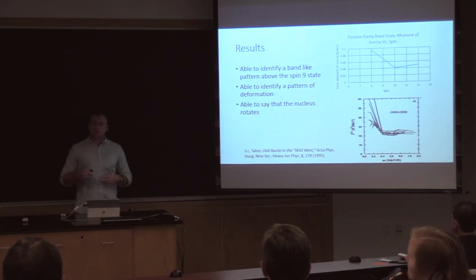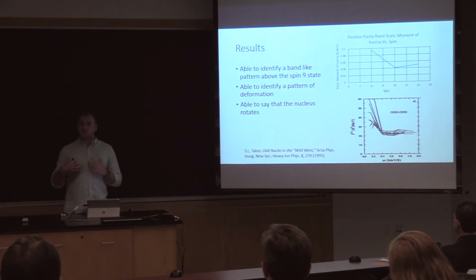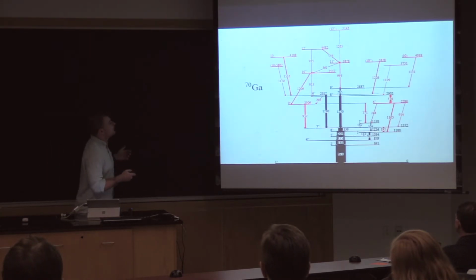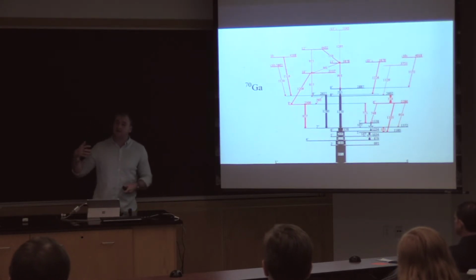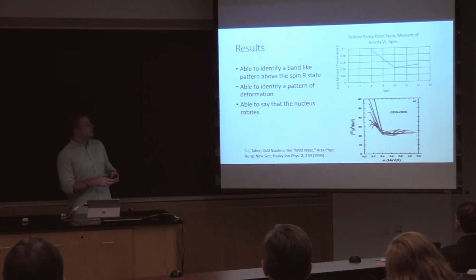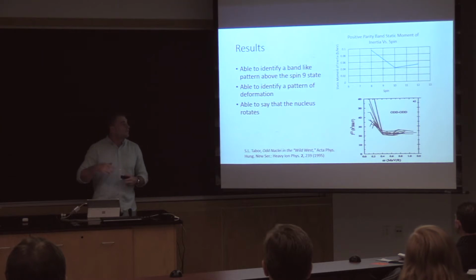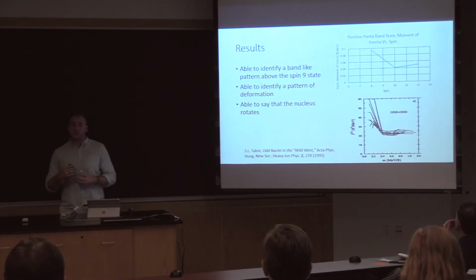Now, the results of the experiment were pretty much exactly what we wanted to see. We saw that band-like structure that we wanted to see at the beginning, this one here, so that's evidence of rotation and deformation within the nucleus. Those spin assignments also let us graph a static moment of inertia versus spin graph.